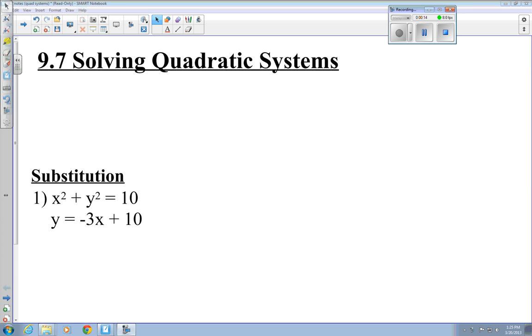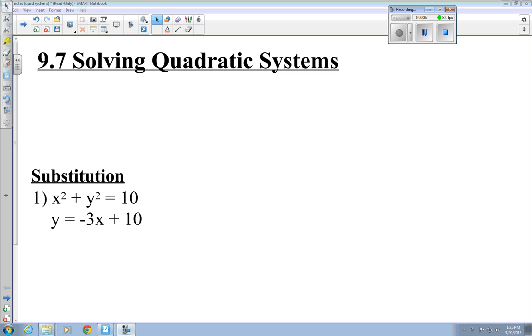I need you to remember when we solved linear systems. When you solved a linear system, you had an equation of two lines, and you came up with a solution.